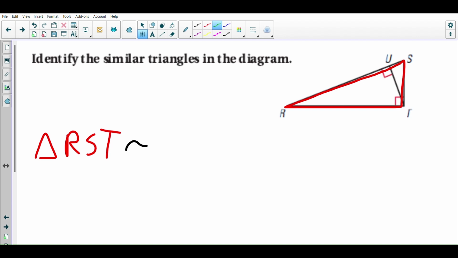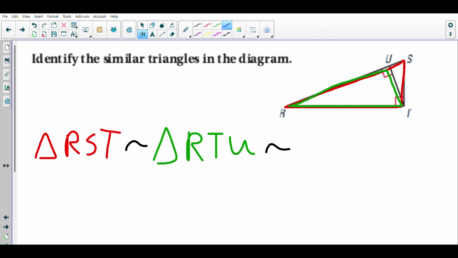Now let's do the medium triangle in green. Now we've got to match up. Angle R matches up with angle R, and then the right angle would be U, so it's going to be RTU, because I have to have the right angles match up.